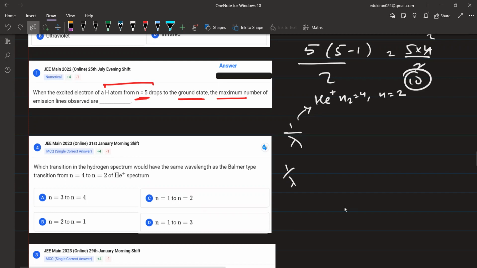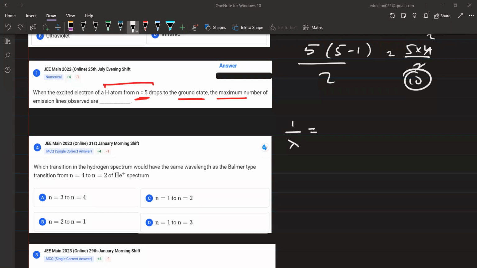टेल मी व्हाट विल बी फॉर एच, एच ई के लिए क्या होगा, एंड देन टेल मी फॉर एच। 1 upon lambda will be equal to, tell me guys, HE plus के लिए कितना हो जाएगा, R the Rydberg's constant into Z square means 2 का square into 1 upon 2 का square minus 1 upon 4 का square.